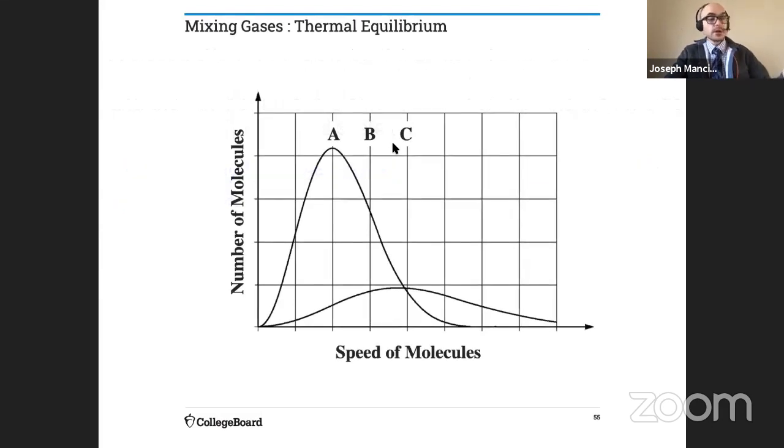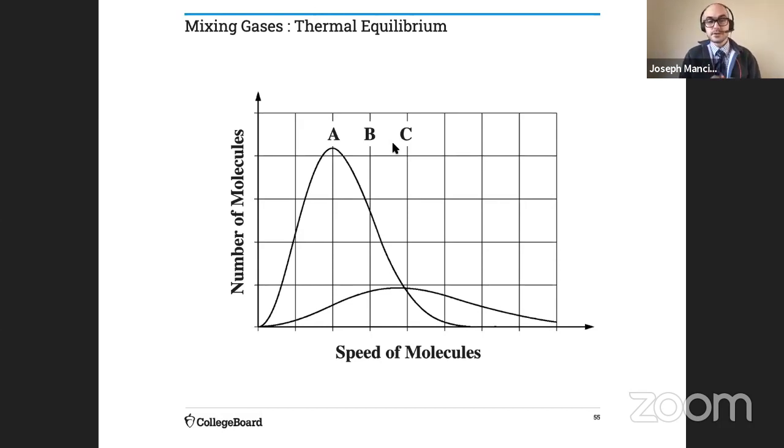So we're going to talk about the mixing of two gases. If we mix two gases that are otherwise identical, same molecular mass, same size, we have two samples here. There's one sample represented by that first curve at a lower average speed, and another sample represented by the flatter curve at a much higher average speed. You can tell the average speed because of where on the x-axis that spike is, where the maximum is.